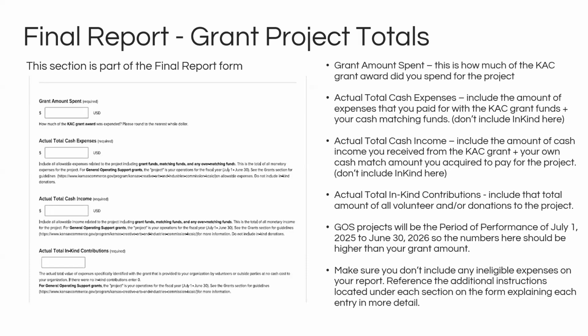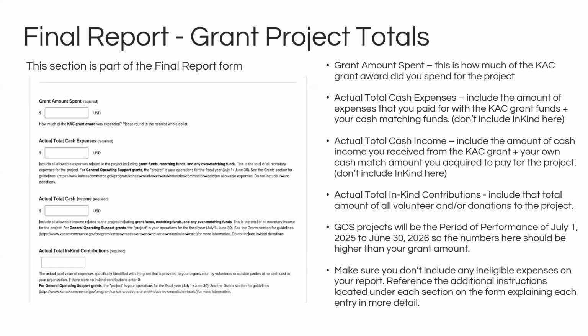The grant amount spent refers to how much of the KAC grant award you actually spent that was related to the project. The actual total cash expenses section includes all allowable expenses related to the project, and make sure you include what you paid for with the grant funds plus what you paid for with your cash funds.